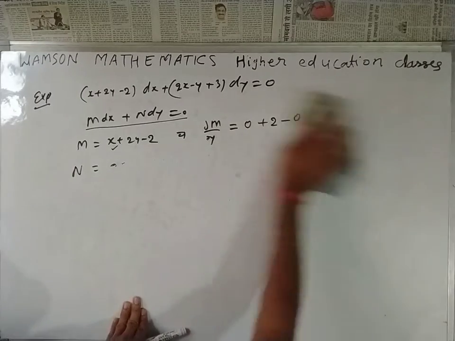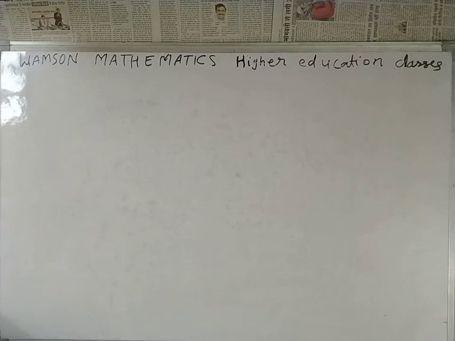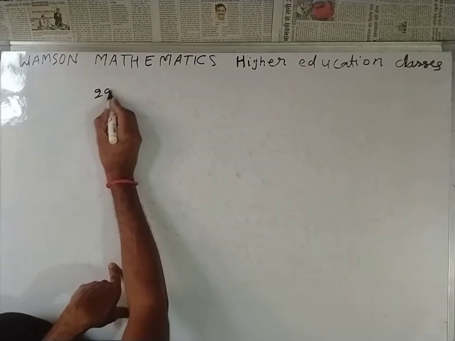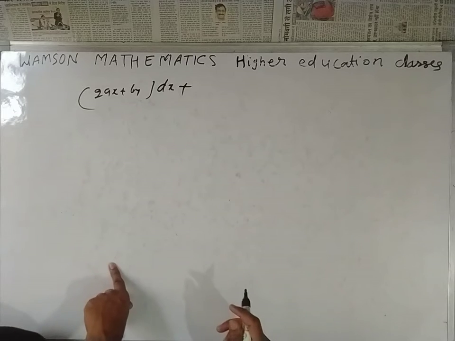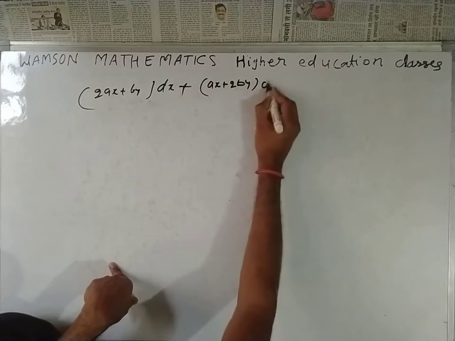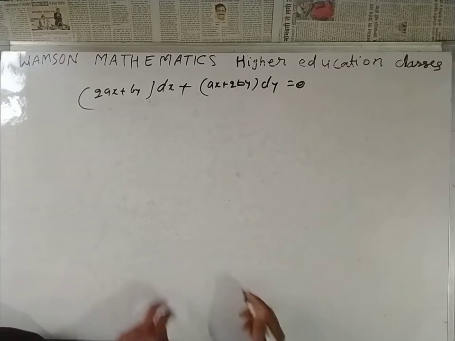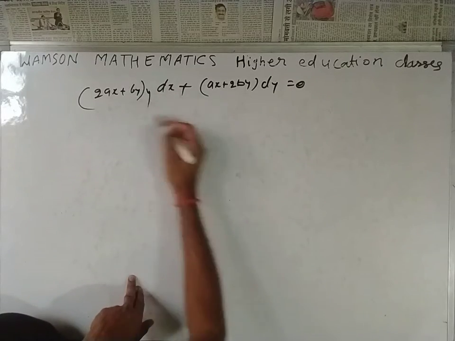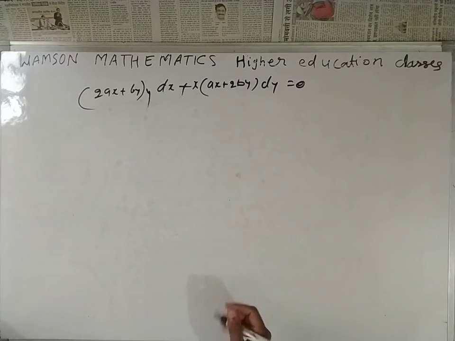What is the other example which is based on this theorem? The other example is (2ax plus by) dx plus (ax plus 2by) dy, is equal to 0, where the term is by into x, here y multiple of x, into dy.